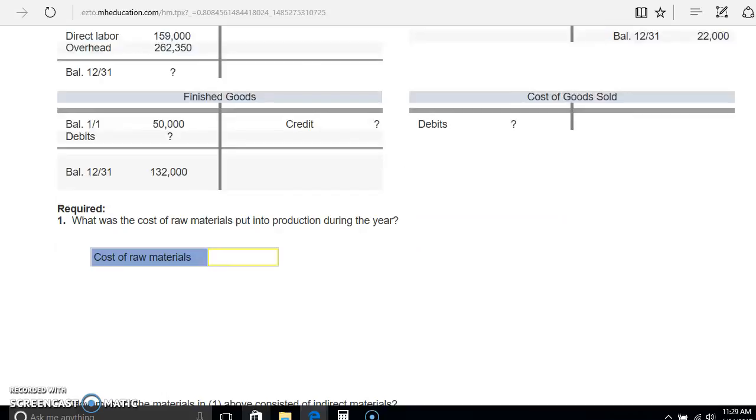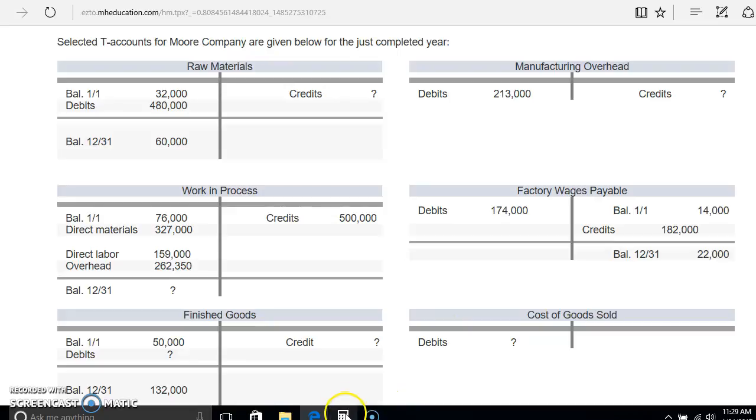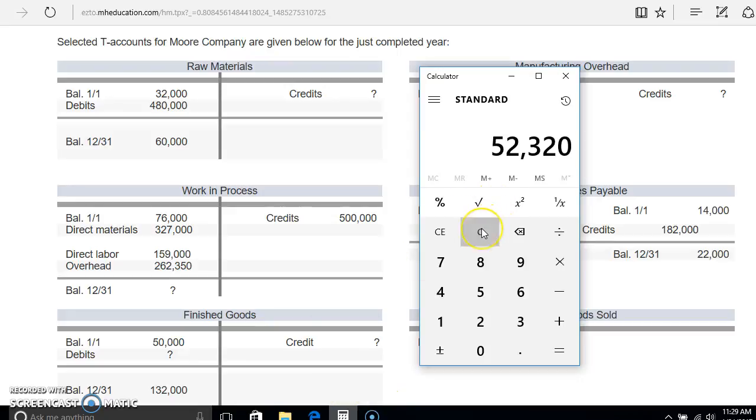The first question is, what was the cost of raw materials put into production that year? So what I'm going to do is take my beginning balance. Let's say you have raw materials in inventory. At the beginning of the year you started with $32,000 worth of inventory. Throughout the entire year you purchased an additional $480,000.